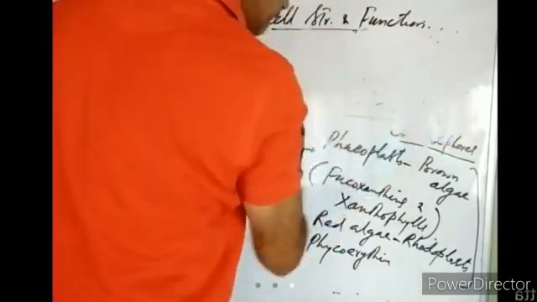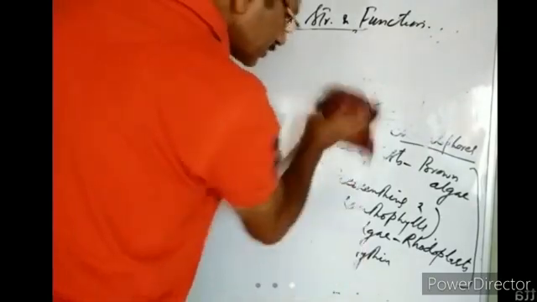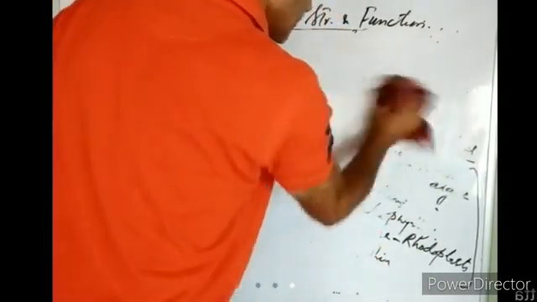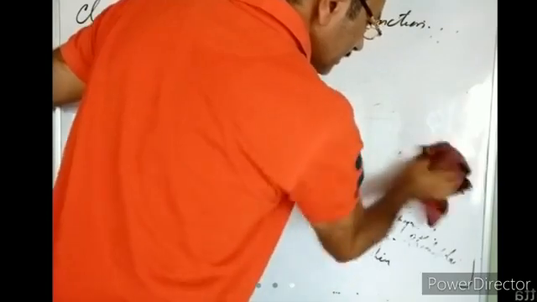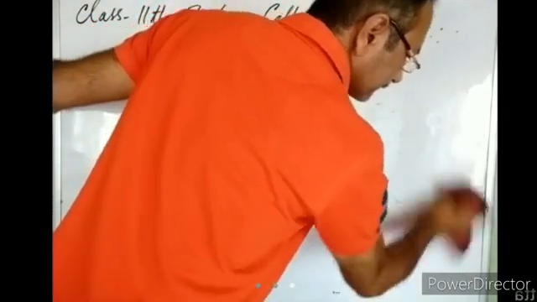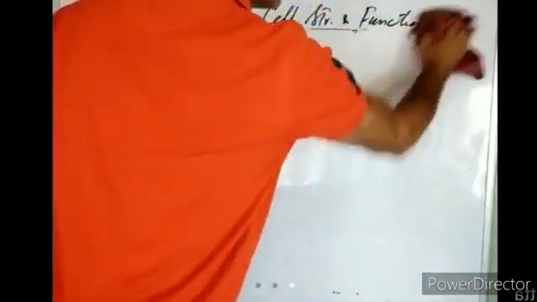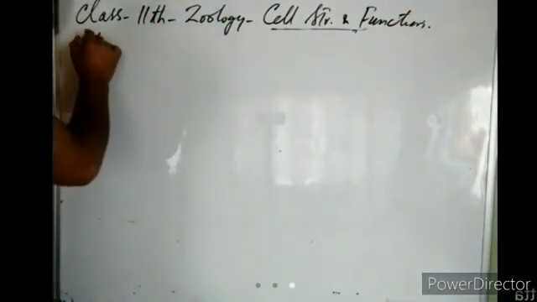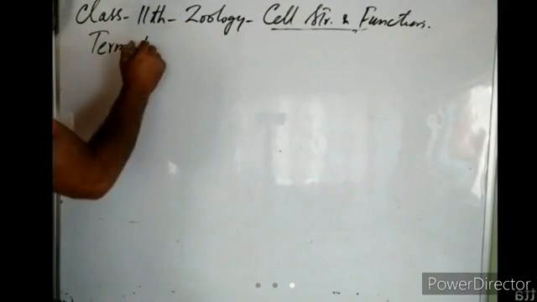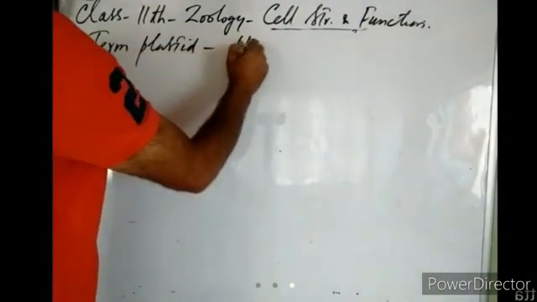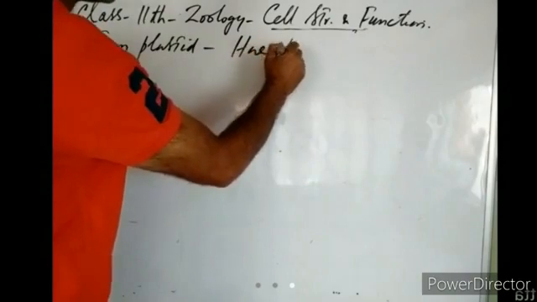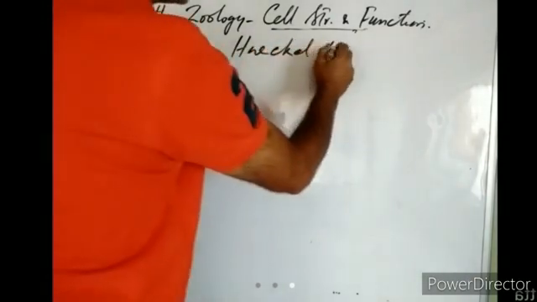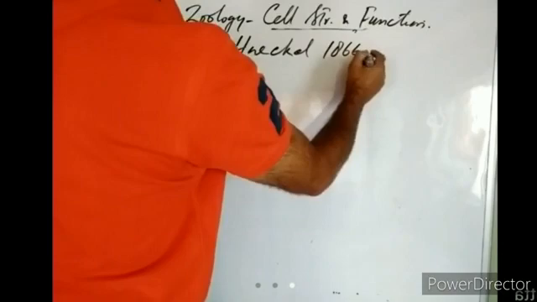The term plastid was coined by Haeckel in 1866.